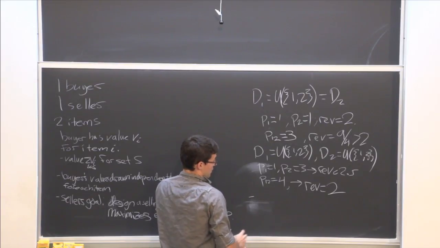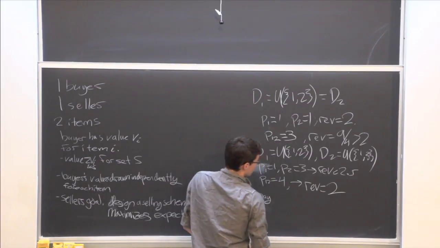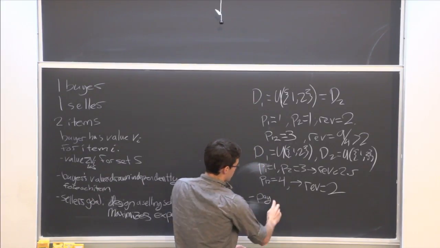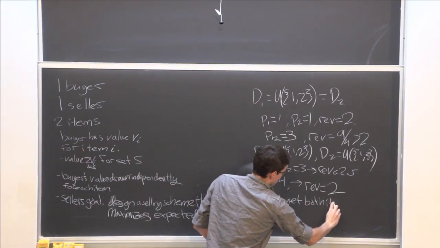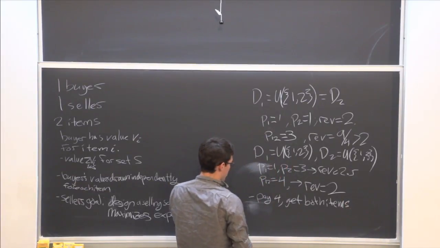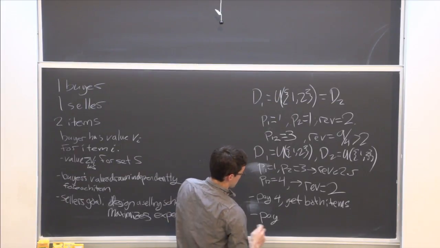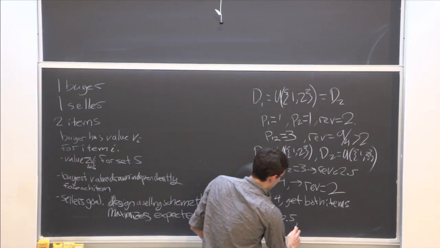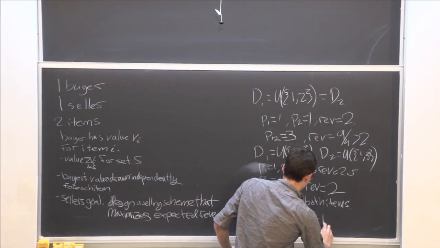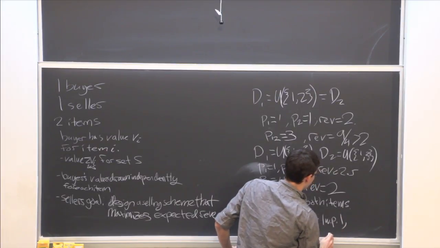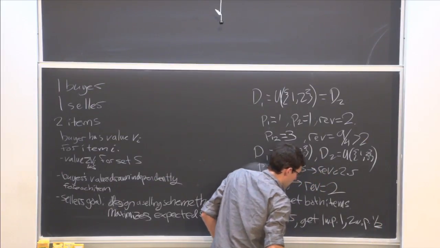You can say either you can pay 4 and get both items, or you can pay 2.5 and get 1 with probability 1 and 2 with probability 1/2.